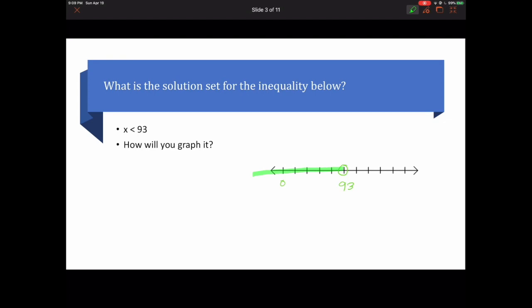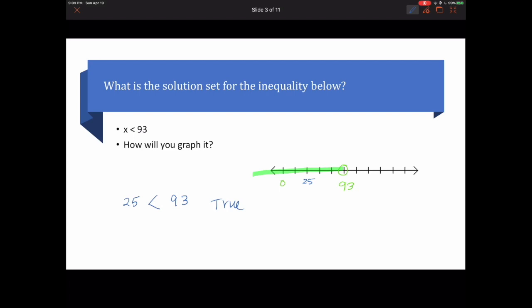So x is less than 93, and all the numbers in this section, less than 93, make this statement true. For example, 25. If I substitute 25 for x, 25 is less than 93, and this is true.